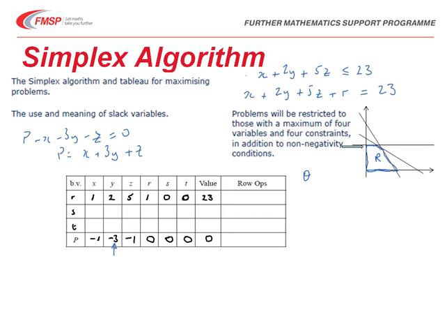So for the theta value for the first row, we would take the value 23 and divide that by 2, which gives us 11.5 obviously. You would do a similar thing for the other rows in the tableau, so for the basic variables s and t. So for example, let's say that we'd calculated the values of theta and they turn out to be negative and 12.